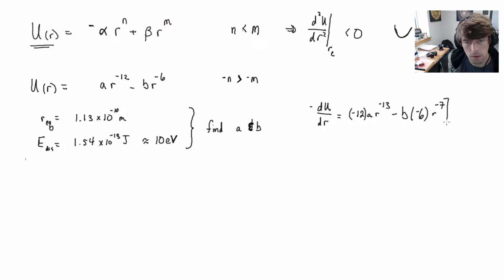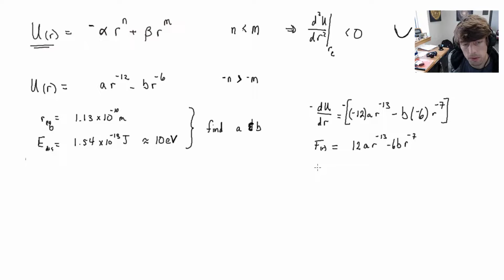And that whole thing, inside there, we have an additional negative sign, and that is equal to our force. So we get 12A r to the negative 13th minus 6B r to the negative 7th, which is equal to my force, F of r.